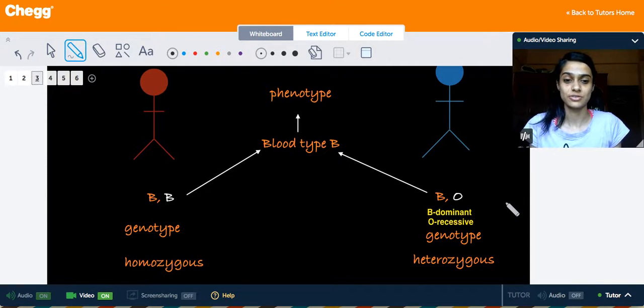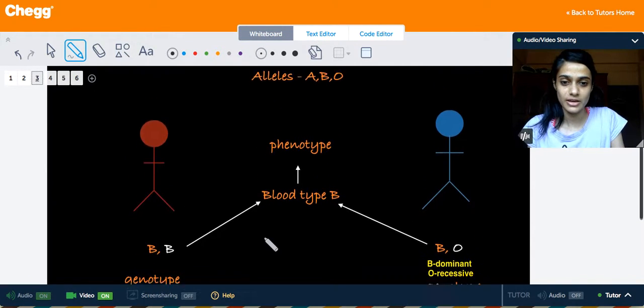So in this situation, the B is dominant and the O is recessive. So this person is going to have a B-type blood group. And this person is also going to have a B-type blood group because both his alleles are coding for B-type blood group. So over here, I've written the blood type B is going to be the phenotype of this genotype.